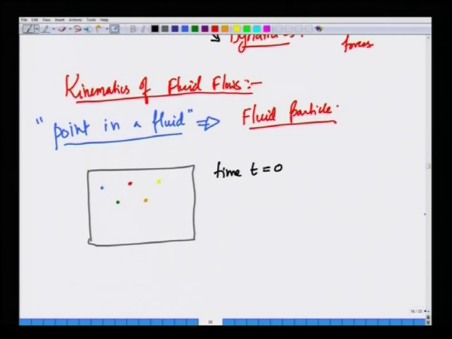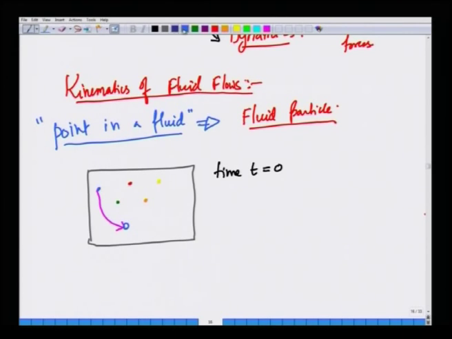At a later time, all these points may move. For example, let us say this blue colored dye element will move. So, let us use pink color at a later time. I will try to draw the later time picture with open circles.